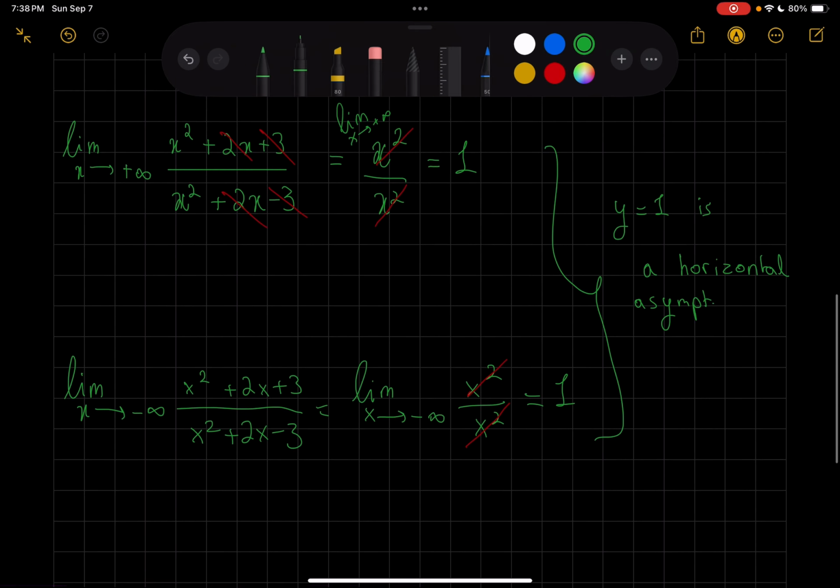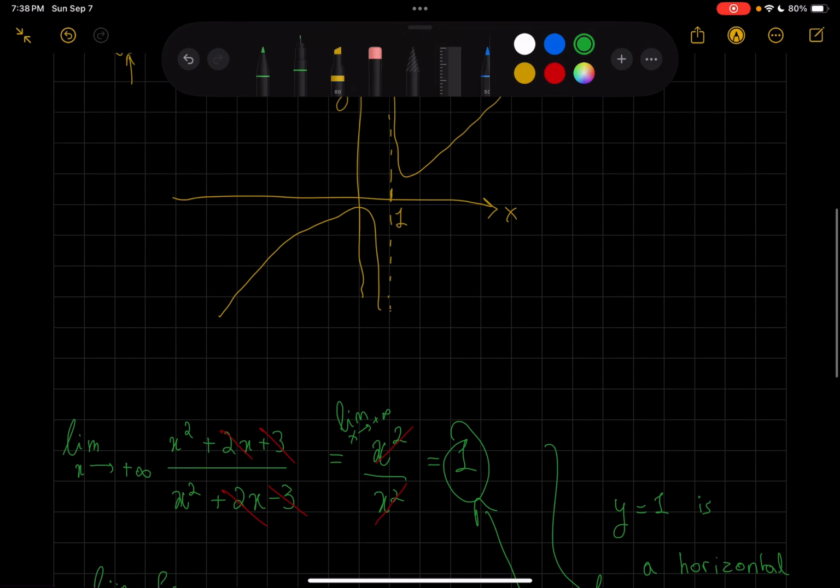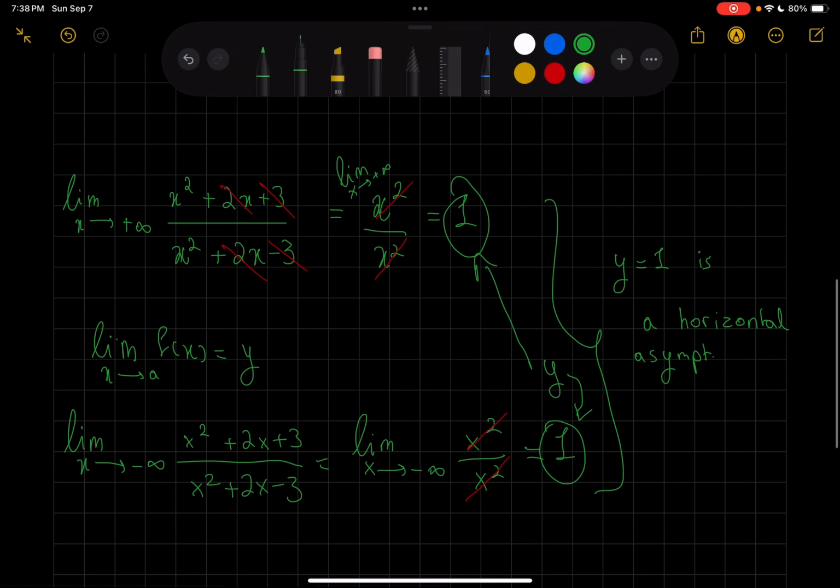Now, when we're talking about horizontal asymptotes, it is the answer, and the answer is always of the form y, because the general term for limits is the limit as x is going to a of f of x, and the answer is always y. Therefore, over here, y is equal to 1 is a horizontal asymptote at both infinities. So this is the connection between vertical and horizontal asymptotes.